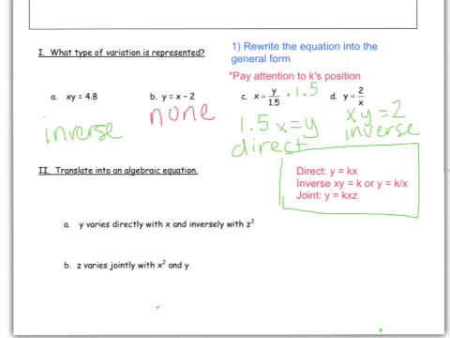The next thing we're going to practice is translating words into the algebraic equation. It's really important here that you read the variables in order.